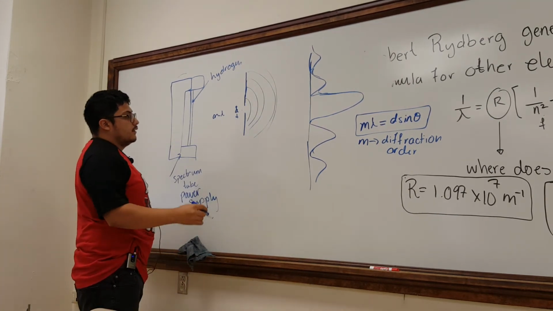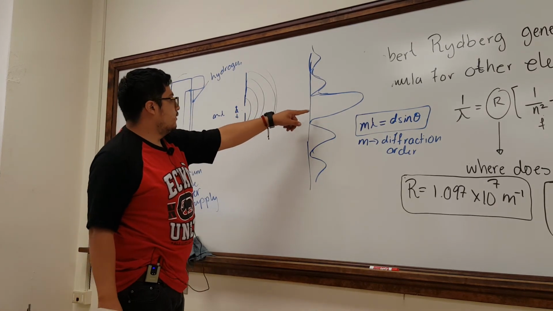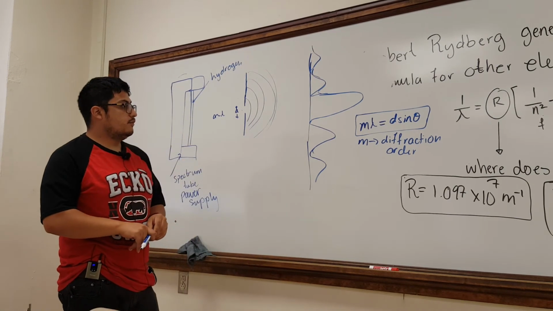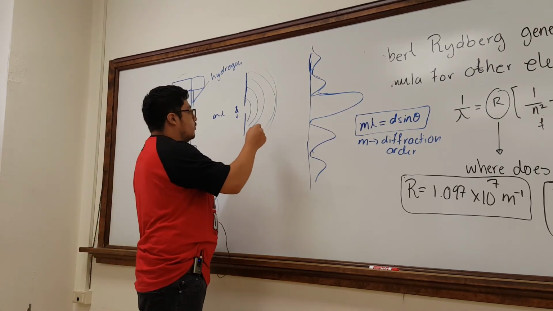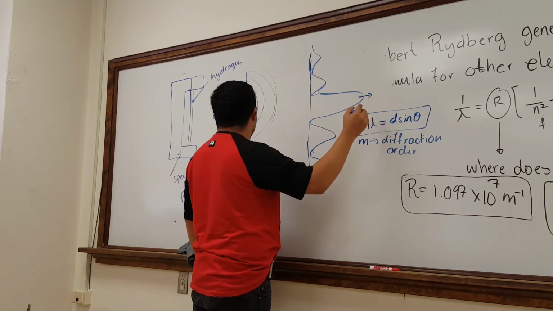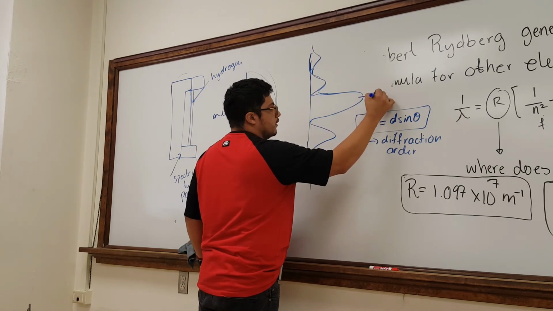Like I said, now we have multiple wavelengths of light coming in, so you get a pattern similar to the diffraction pattern. You're still going to see the superposition of all wavelengths, so the total light.